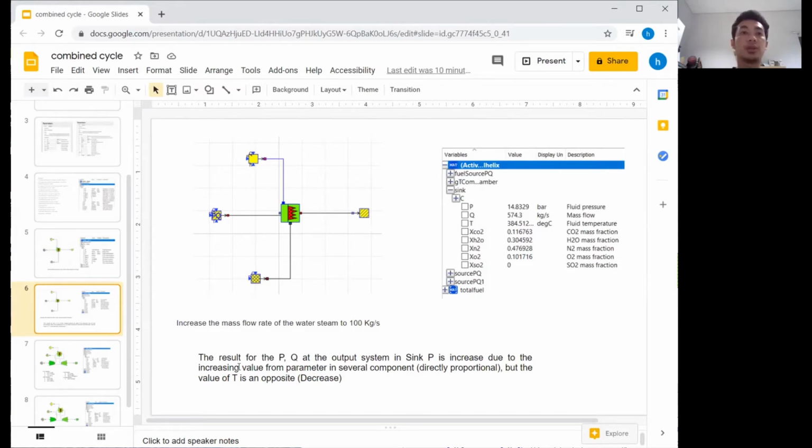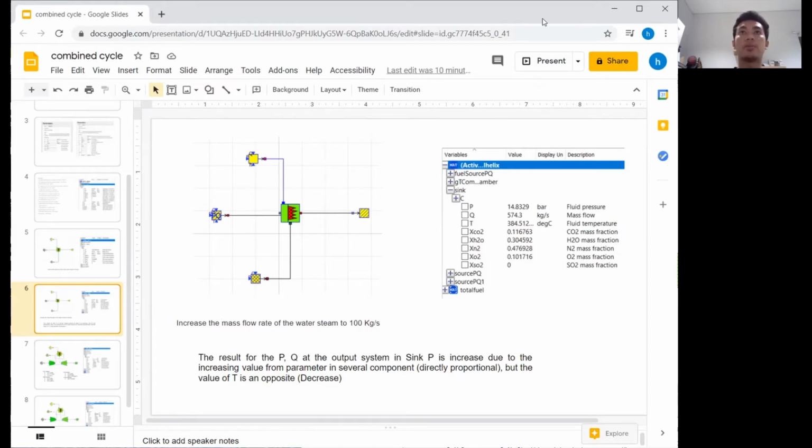So we can conclude that the pressure and mass flow rate at the output system increase due to the increasing parameter value, but in several components the temperature is decreased. So we can conclude that P and Q are directly proportional, but T is the opposite and is not directly proportional.